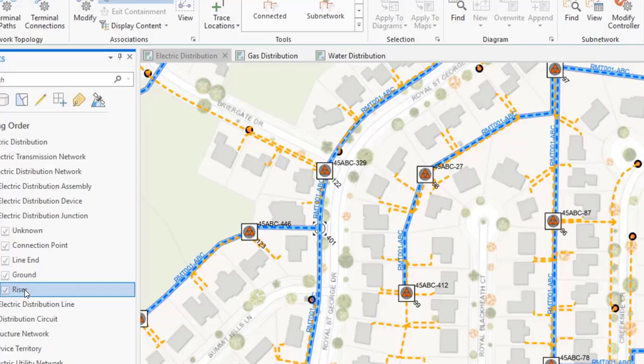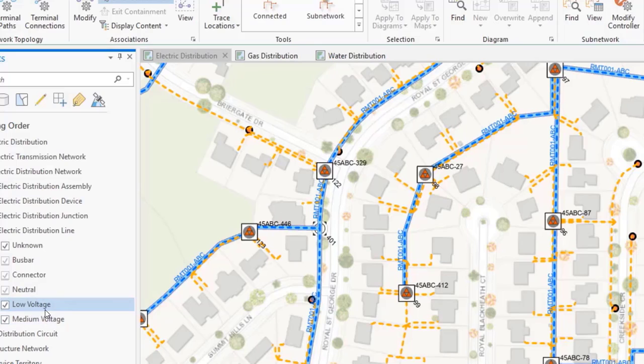In the utility network, you need a riser. So this is an example of an edge junction edge network rule. You could have an overground line as one edge, the junction is a riser, underground line is the other edge. And then you've got your line features, which represent your linear assets, your linear connective values.